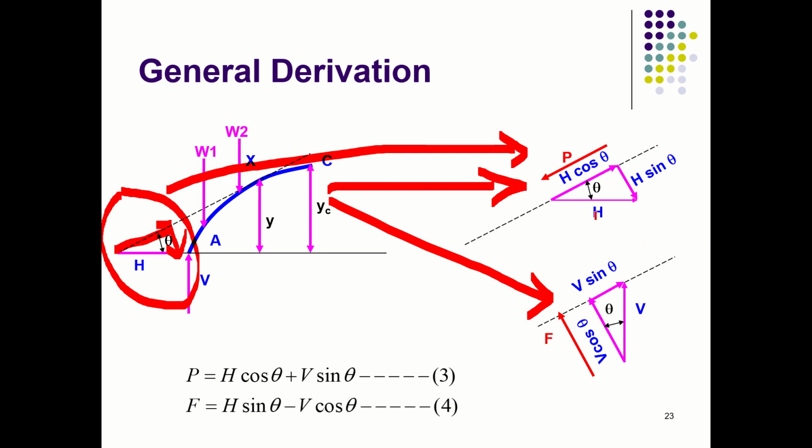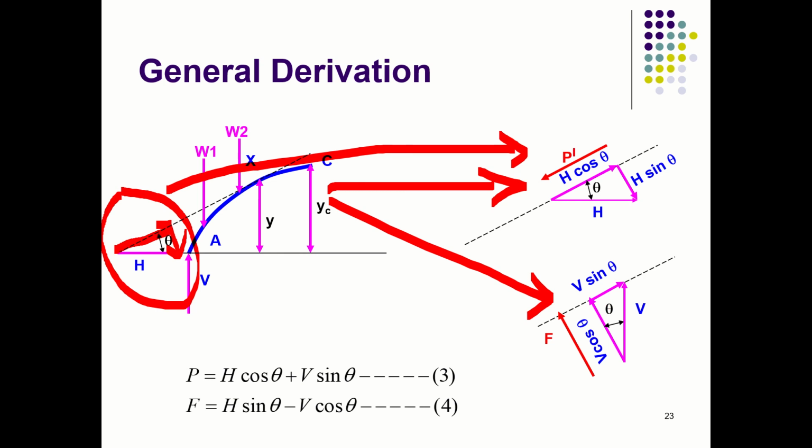So this H is split into two components, H cos theta and H sin theta. And take this vertical reaction V, and split it into two components. This will be your V cos theta and this is your V sin theta.